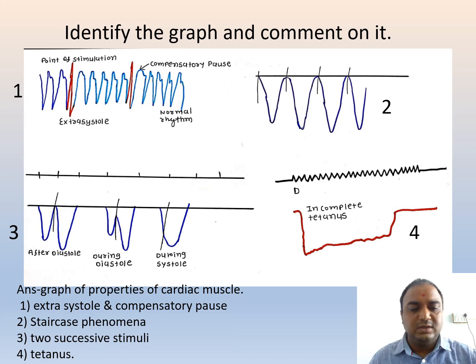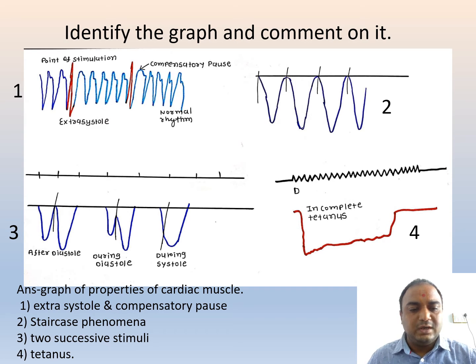Third one is the effect of two successive stimuli. You can see here the second stimulus is given immediately after diastole. Here the second stimulus is given during systole, and here also the second stimulus is given during systole.